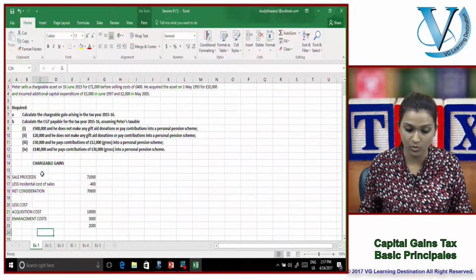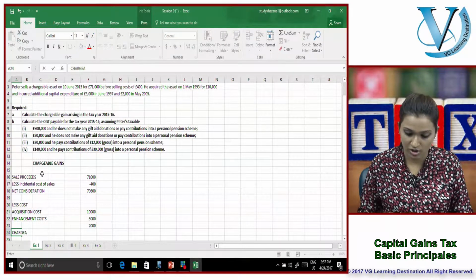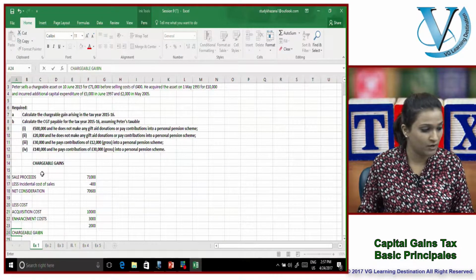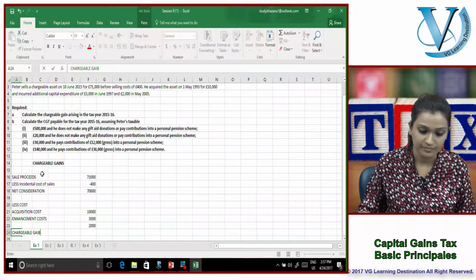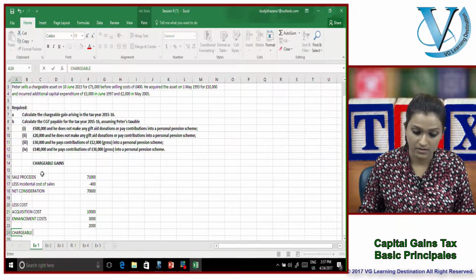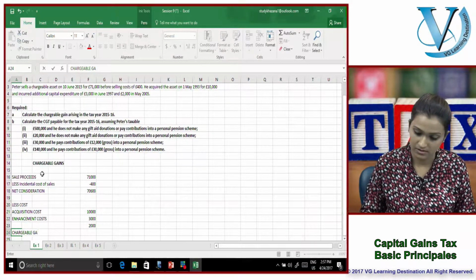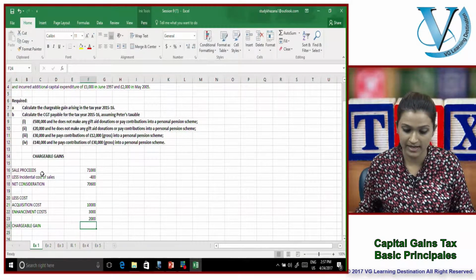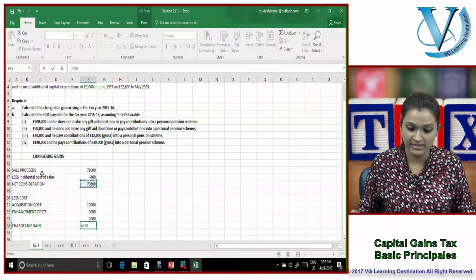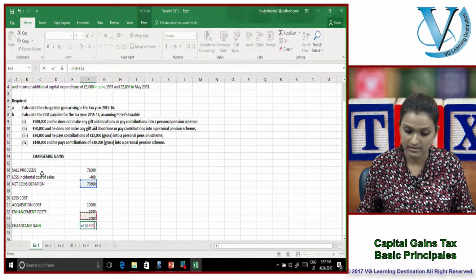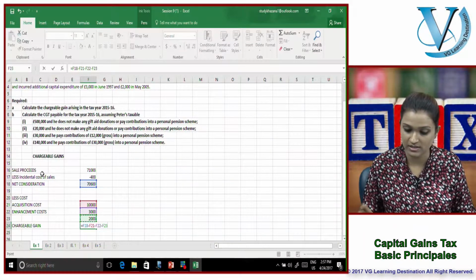Thus, resulting into a net chargeable gain of how much? Net chargeable gain comes out to be 55,600, which is 70,600 less cost of acquisition and enhancement cost.